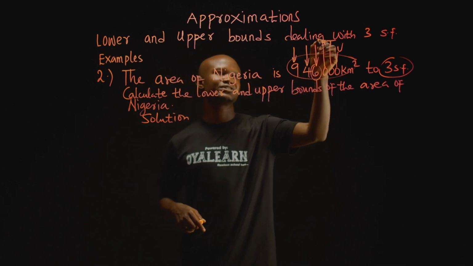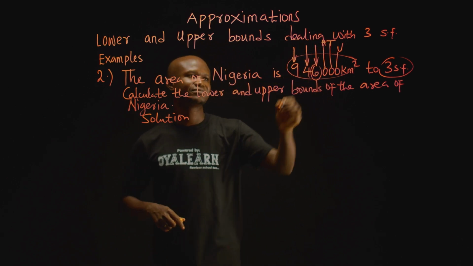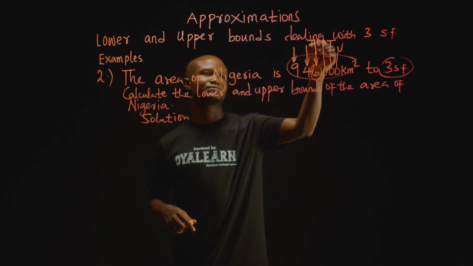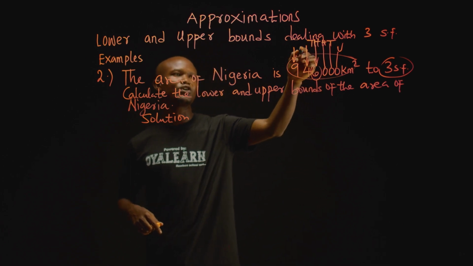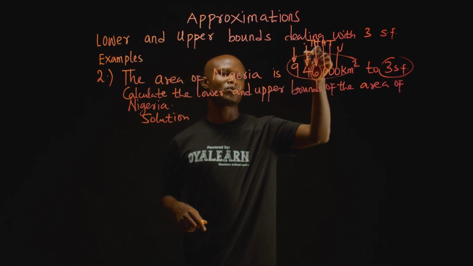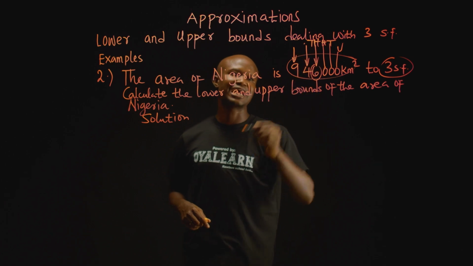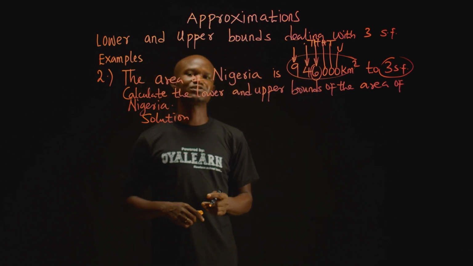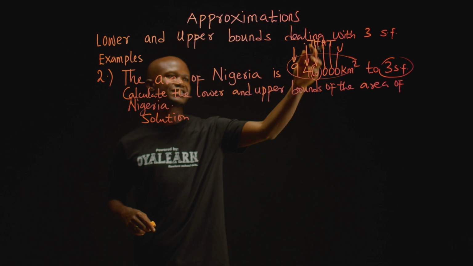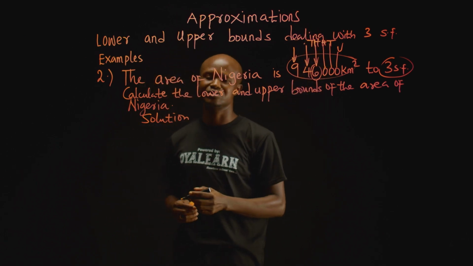So this is 100. No, 6,000 rather. 6,000. While this 4 is going to be 10,000. While this 9 is going to be 100,000. Please take note. So the place value of 6 here is 6,000.